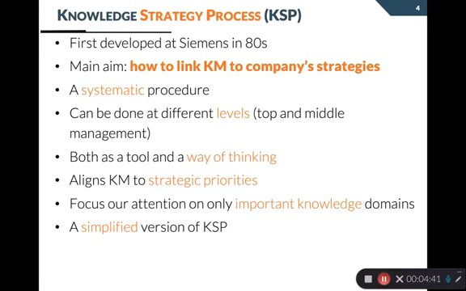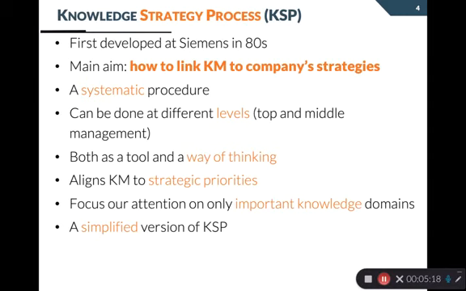Something important about KSP is that it always tries to make connections with the strategic priorities of the organizations. So if an organization has a clear strategic plan, then KSP can be nicely used and implemented. One of the points that KSP and many other effective knowledge management tools highlight is the fact that knowledge management is not about managing all the knowledge of the organizations.